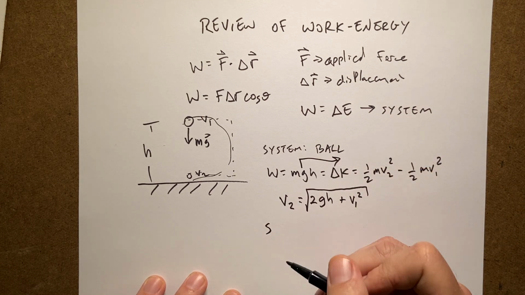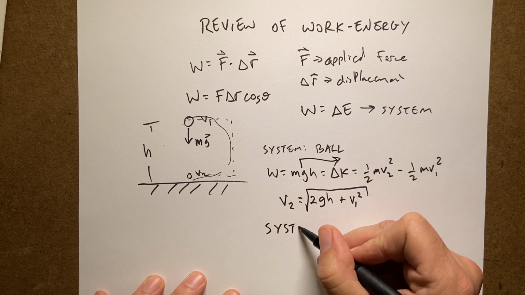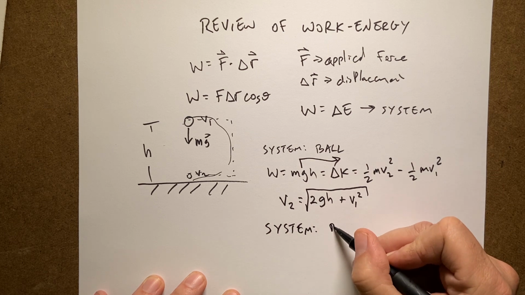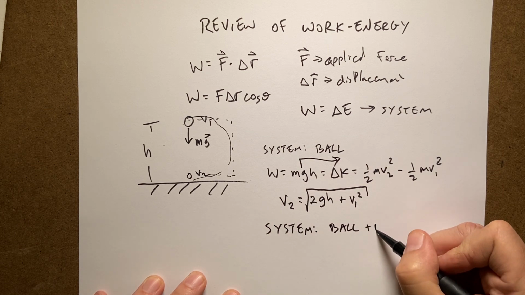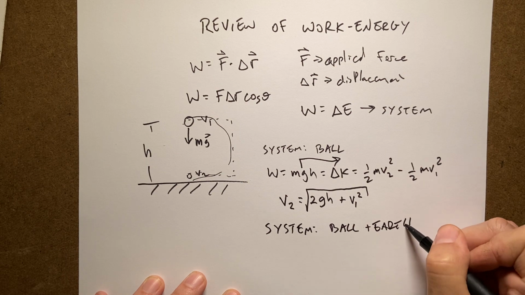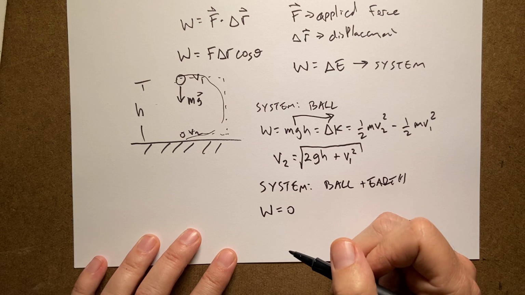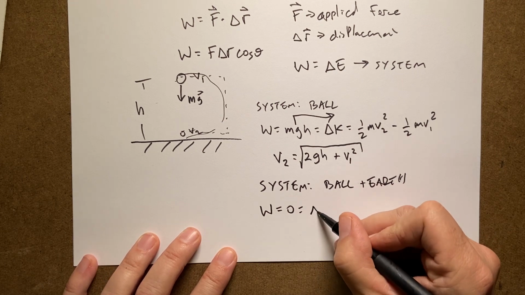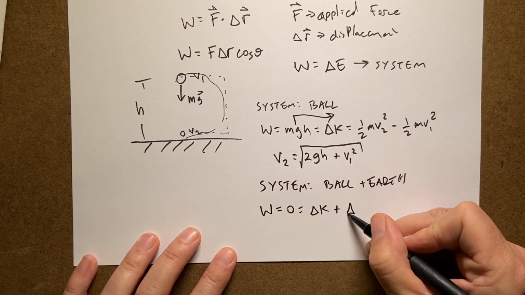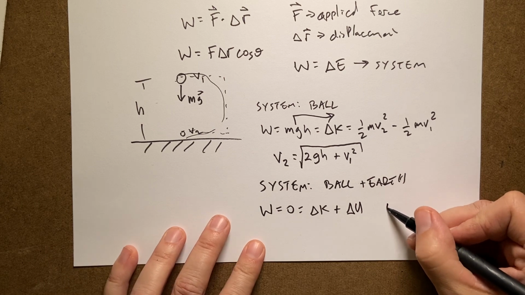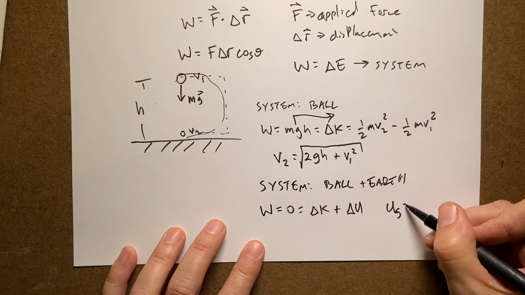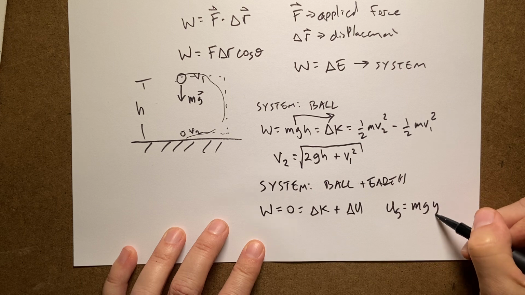So now if I say my system is the ball plus the earth, then I have work equals 0 because there's no external forces on my system, and that's going to be the change in kinetic energy plus the change in gravitational potential energy, where UG is mgy.